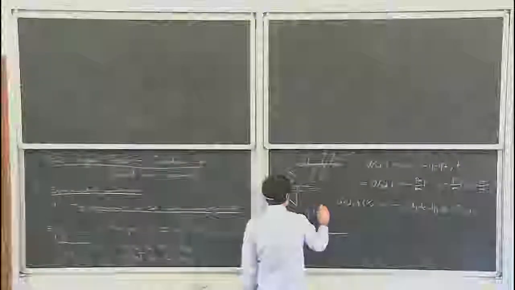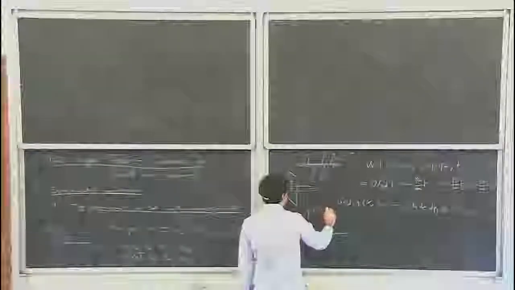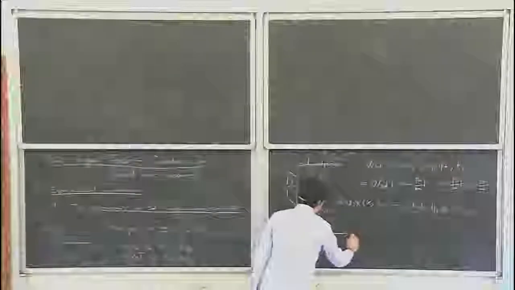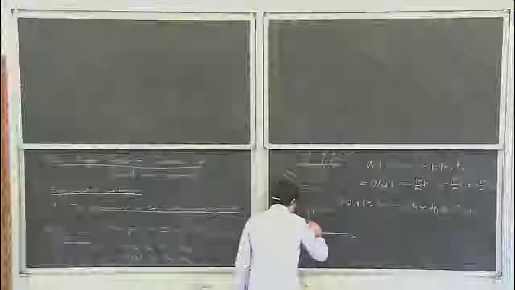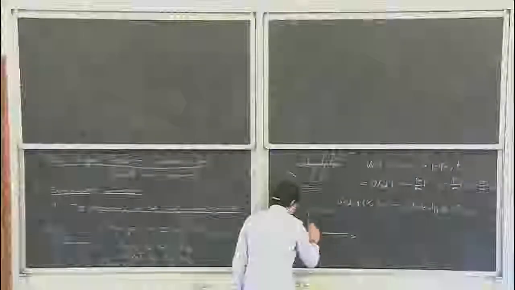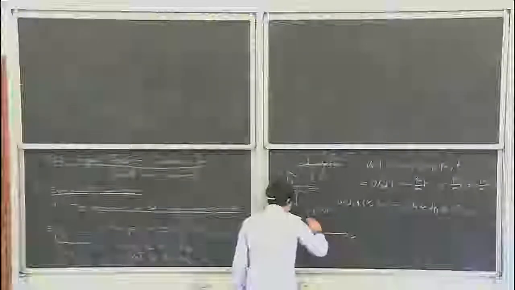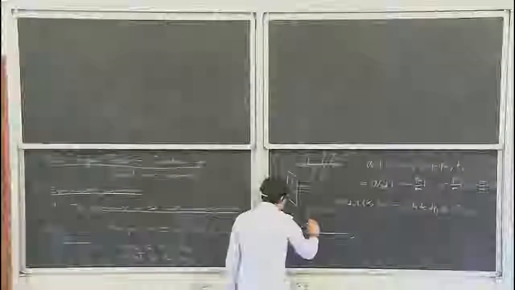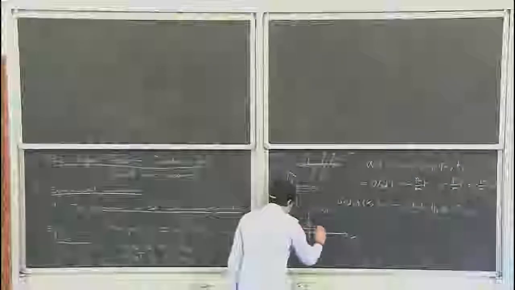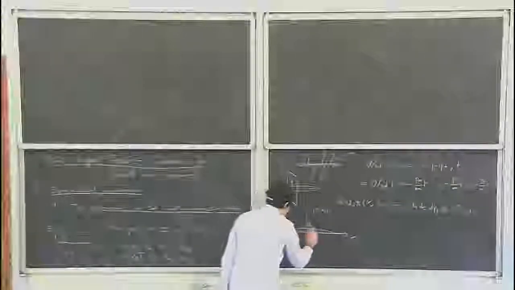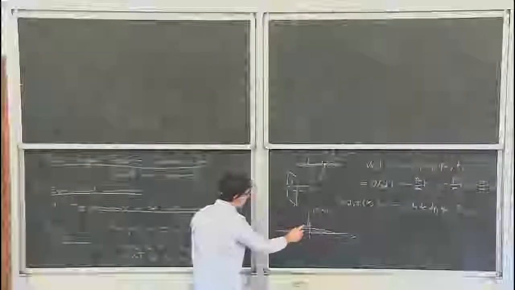This is the density at position x and some given time t. Initially you have a density profile that looks like this, very narrow, and then it broadens like this, like this, like this, and so on as t increases.